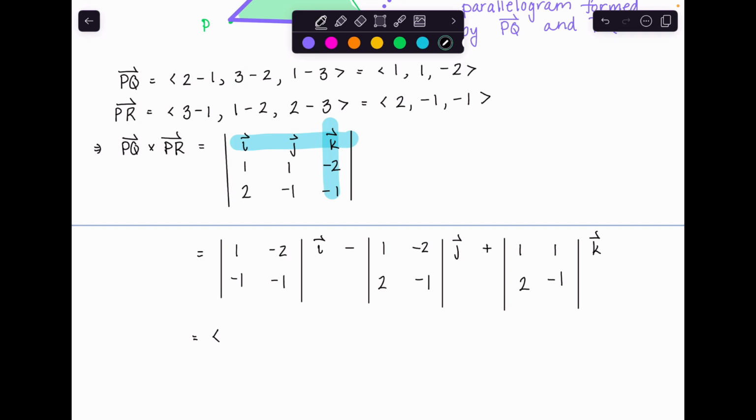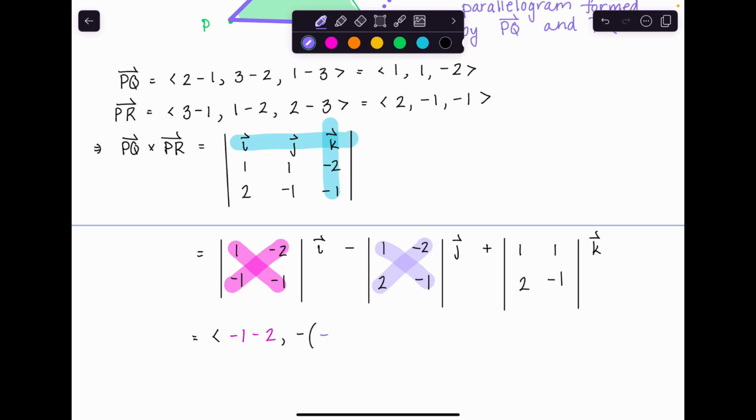So now at this point, I'm going to jump into my final resulting vector. We multiply and subtract. So 1 times -1 is -1, and then we minus -1 times -2, which is positive 2, but we're subtracting it. Then we have a minus in the middle, multiply, multiply.